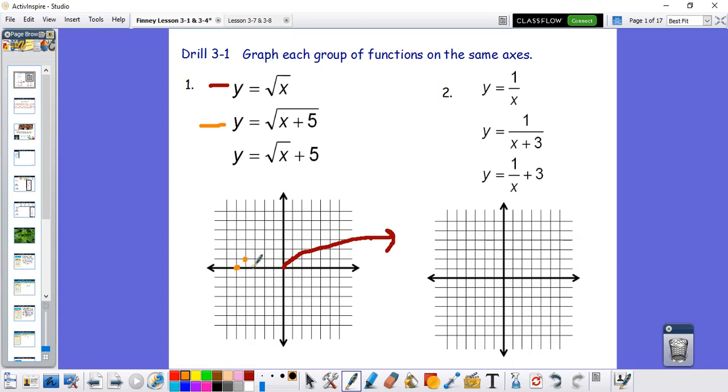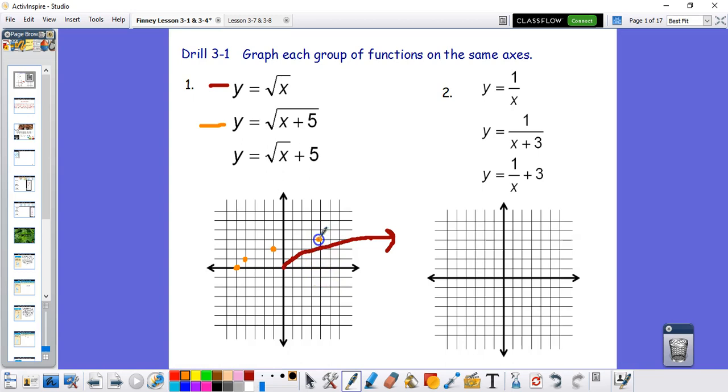If I put in negative 3, I get a decimal. If I put in negative 2, I get a decimal. If I put in negative 1, negative 1 plus 5 is 4, and the square root of that is 2. If I put in 0, I get a decimal. If I put in positive 4, I get 3.